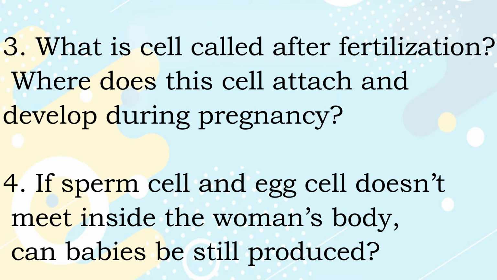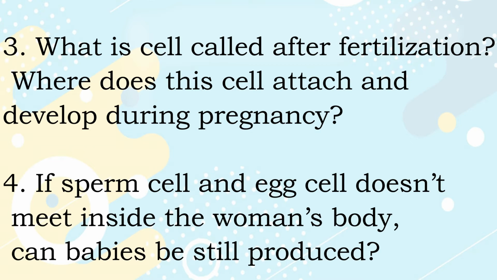Number 3 question, what is cell called after fertilization? And where does this cell attach and develop during pregnancy? So ang tawag sa nagde-develop na cell initially after fertilization is the zygote. At ito ay bababa mula sa fallopian tube papuntang uterus kung saan ito mag-i-implant at magde-develop.